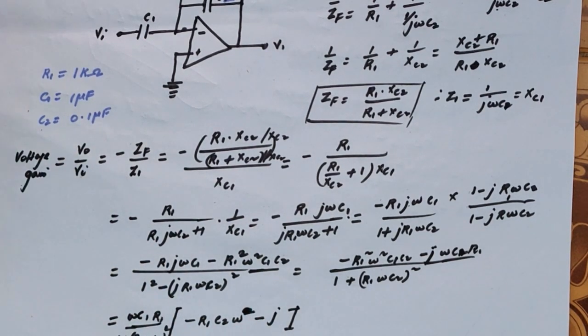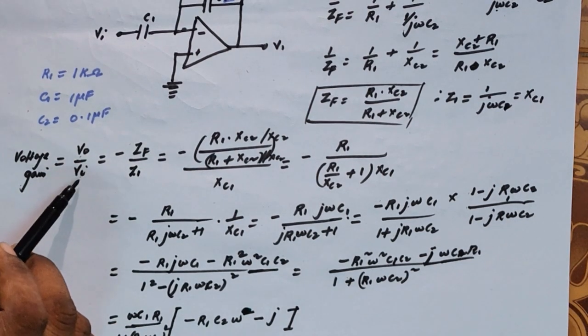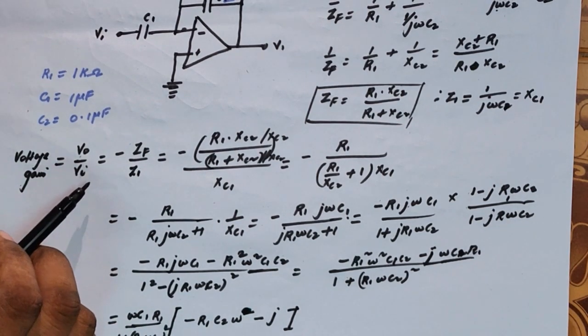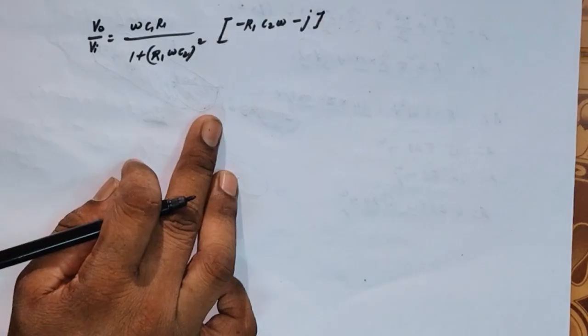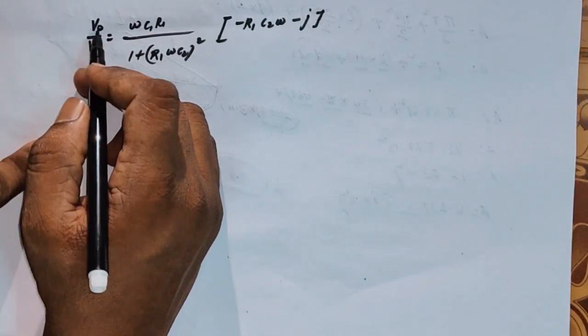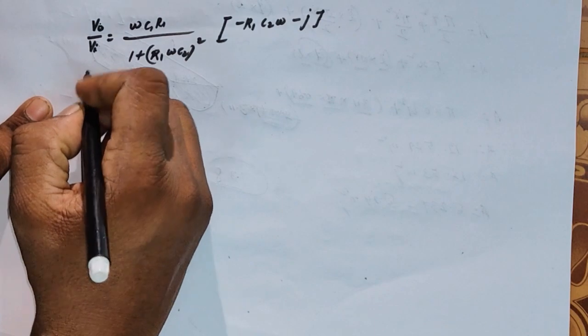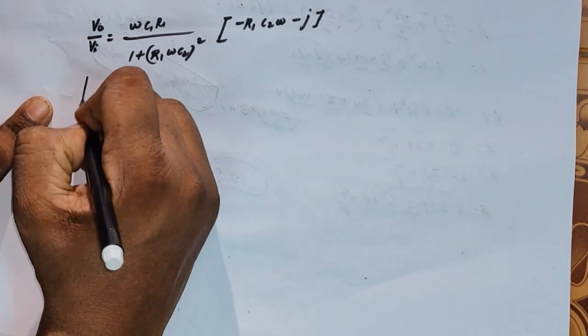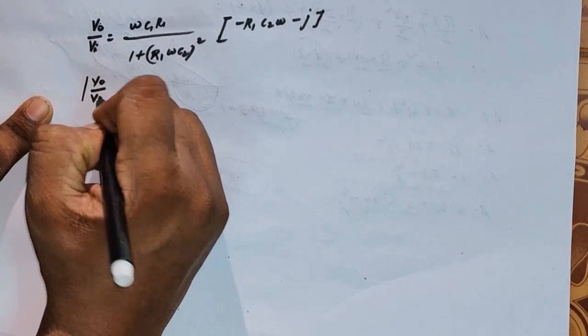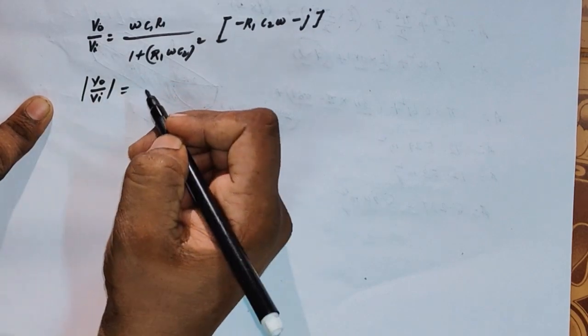Now we need to find the magnitude of V naught by Vi, that's what we are going to do now. Here we have this expression, the voltage gain V naught by Vi, that will be equal to this one. Finally we derived it. Now we need to find the magnitude, so for that we take the modulus of V naught by Vi.